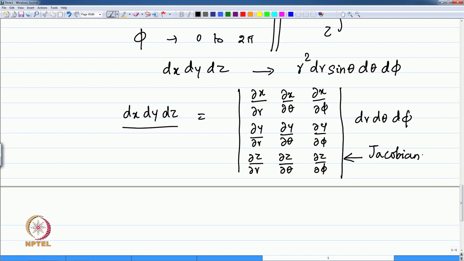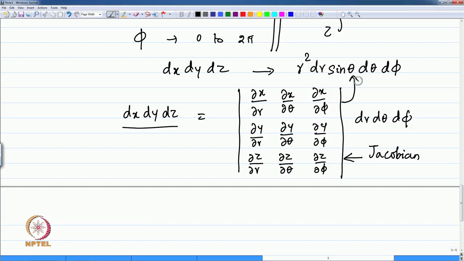This is an elementary transformation matrix that transforms volume elements from one coordinate system to another, and this Jacobian has the magnitude r square sine theta, with dr d theta d phi.